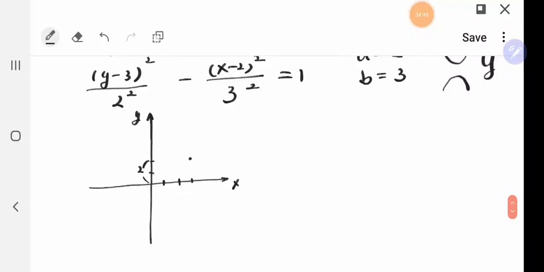Over here. So this will be an asymptote, and then also 2 down, 2 to the right. So this will be another asymptote.